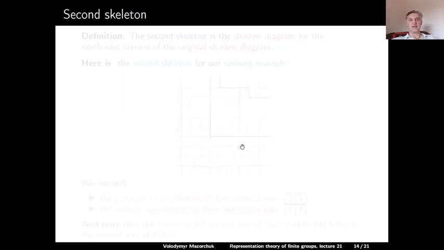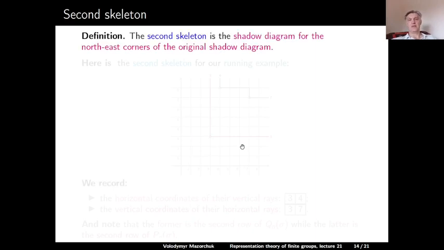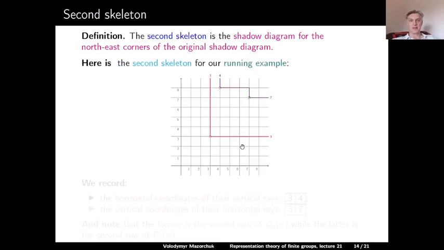So now we can define the second skeleton of our shadow diagram, and this is simply the shadow diagram for the northeast corners of the original shadow diagram. So we had 3 northeast corners, the points (3, 3), (4, 8), and (7, 7). And we take the shadow diagrams for these points.